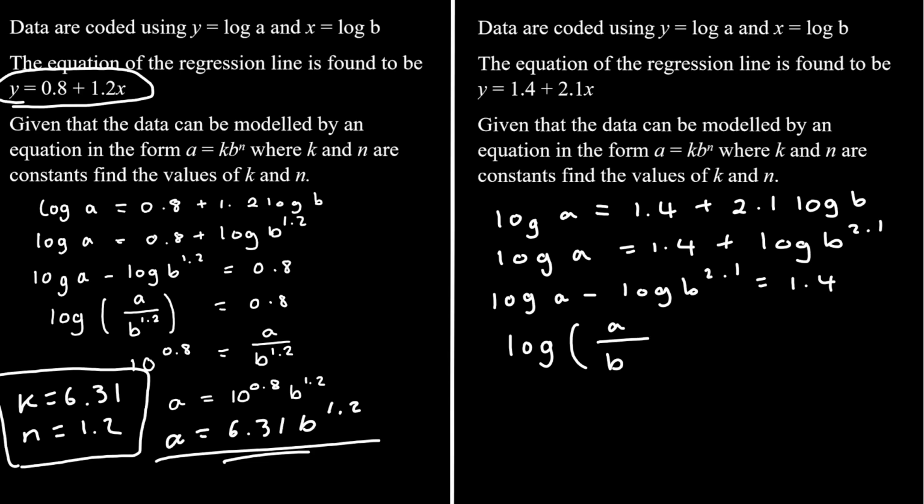So log a over b to the power of 2.1 equals 1.4. Take it out of log form. So 10 is the base, 1.4 is the power, and the answer is a over b to the power of 2.1. Multiply by b to the power of 2.1.